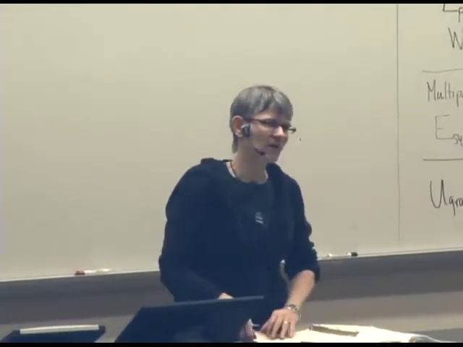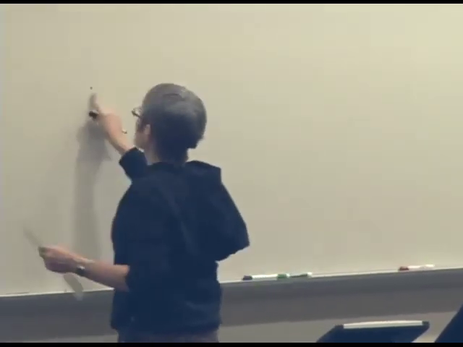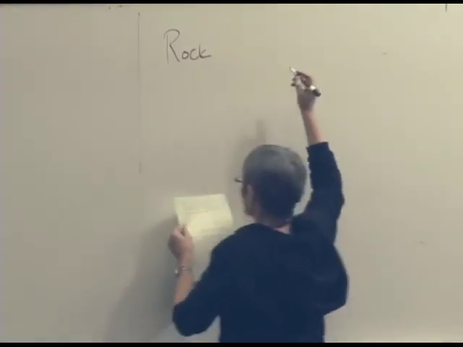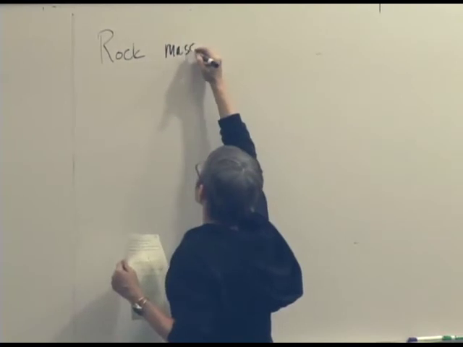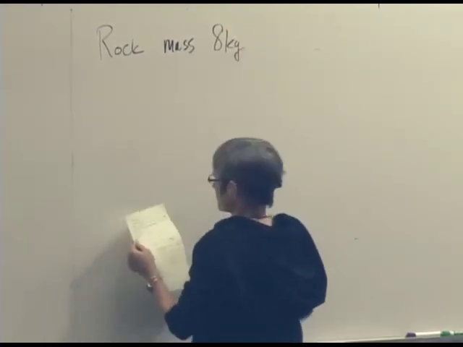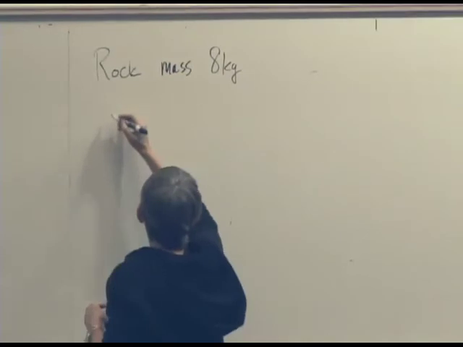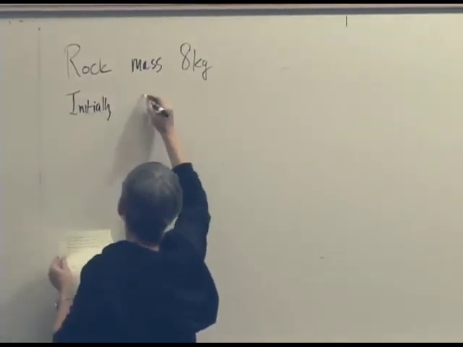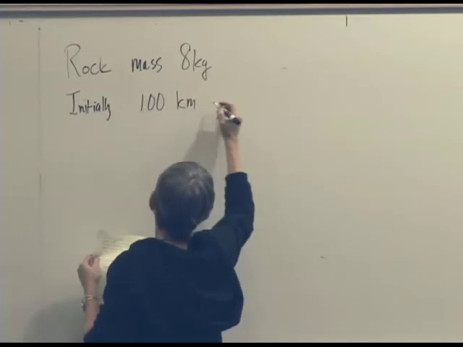There's a rock in outer space, near an asteroid. It's gravitationally attracted to the asteroid, so it falls toward the asteroid. In fact, it hits the asteroid. And the question is, how fast is it going when it hits? So we have a rock of mass 8 kilograms, initially 100 kilometers away from an asteroid.